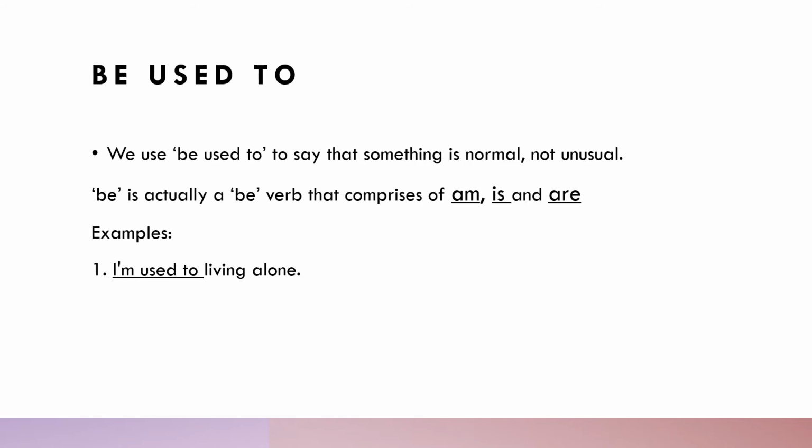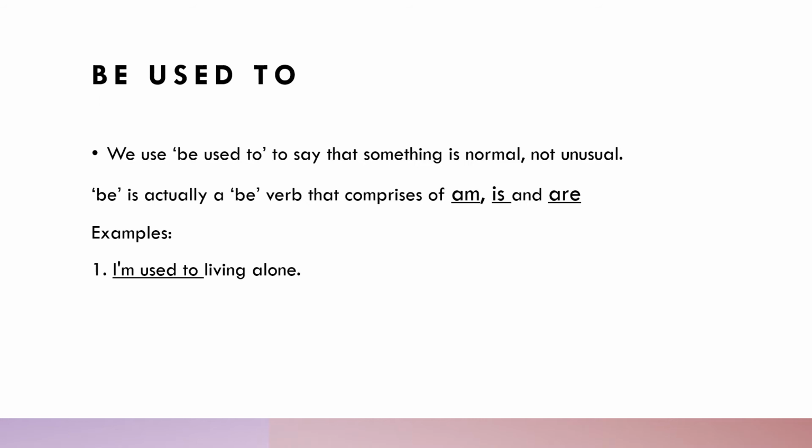The first example: I'm used to living alone. So it means that you are now familiar, or it is something normal that you do. That means you are used to living alone. Please make sure that when you have be used to here, you identify the be verb. What is the be verb here?